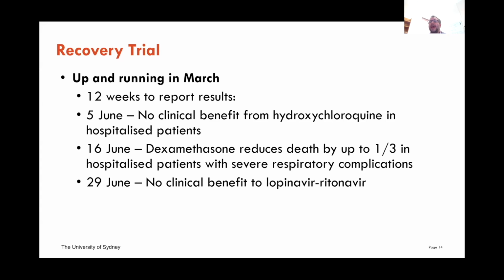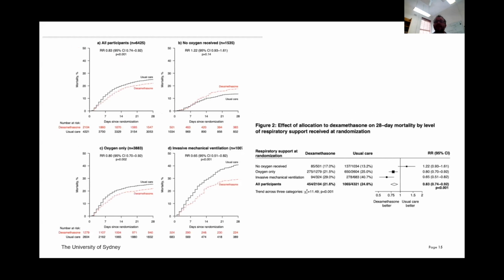On the 16th of June, they showed that dexamethasone reduced the risk of death, and in the last couple of days, they have reported convincing evidence that lopinavir-ritonavir, which is the HIV medication, is of no benefit to patients with COVID-19.